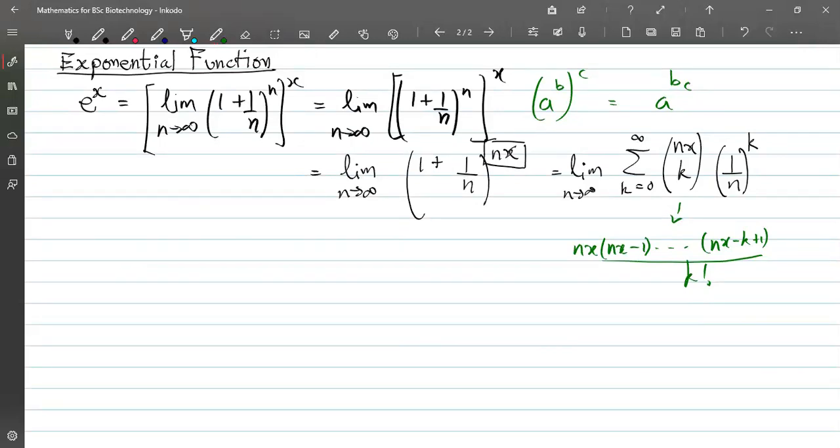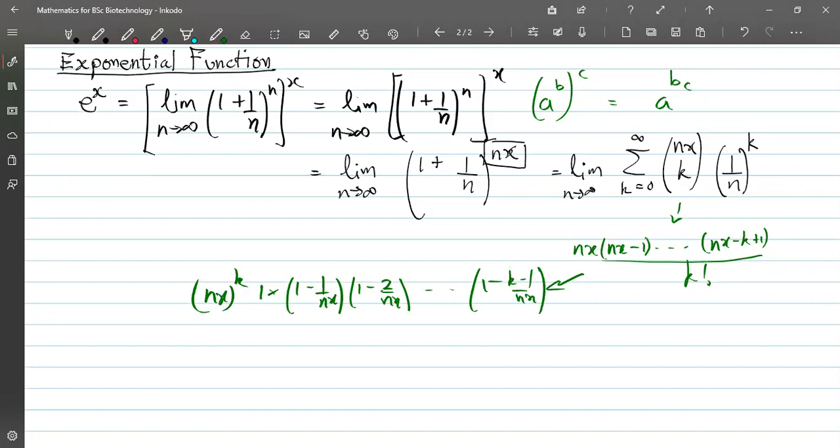So what you will be doing is taking out all these nx terms. So this becomes nx to the power k, because from k brackets you're taking them, and then the remaining thing becomes 1 times 1 minus 1 upon nx times 1 minus 2 upon nx and so on, up to minus k minus 1 upon nx, and then there is a k factorial here.